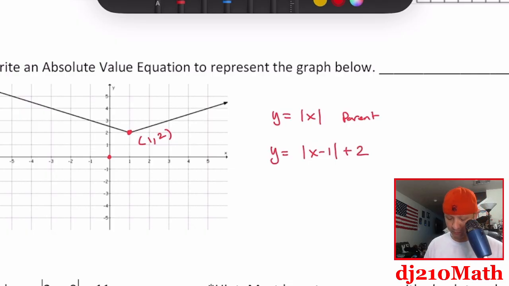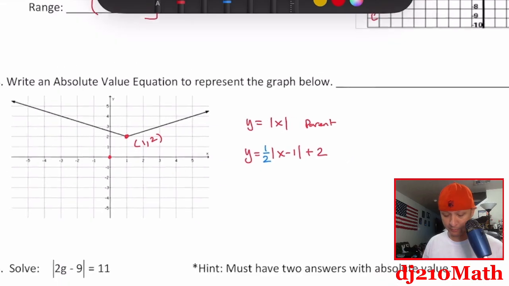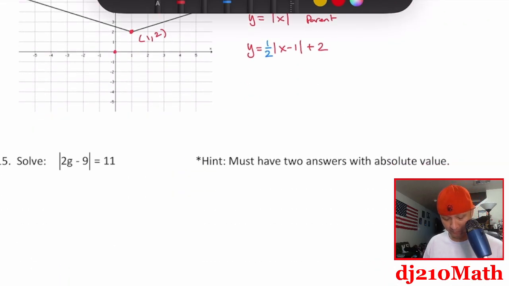Now, normally it goes up 1 over 1 from the vertex. Up 1 over 1. Up 1 over 1. That's the slope. But it's not doing that. It's going up 1 over 2. So 1 over 2. There it is. That's the absolute value equation.